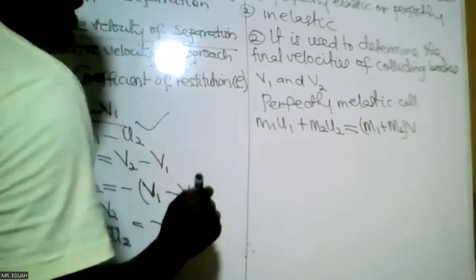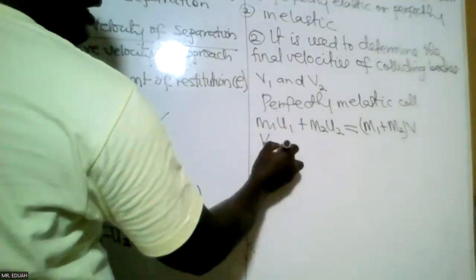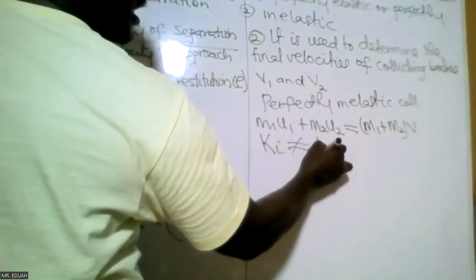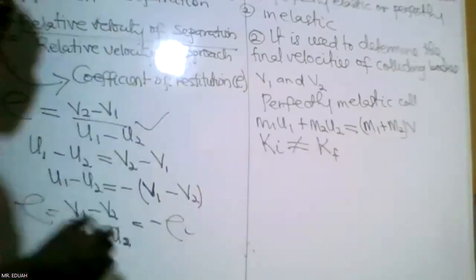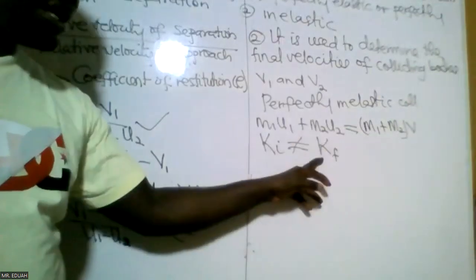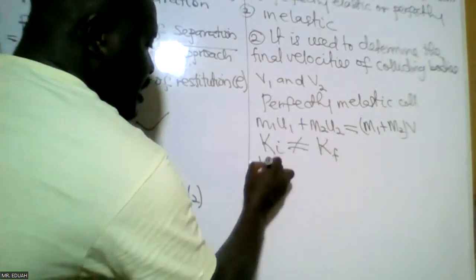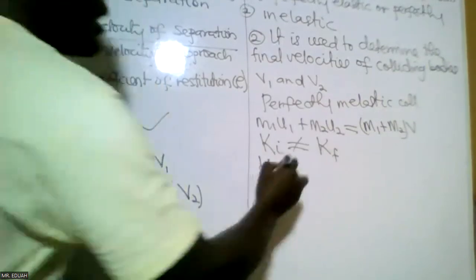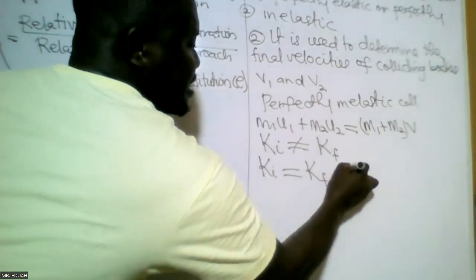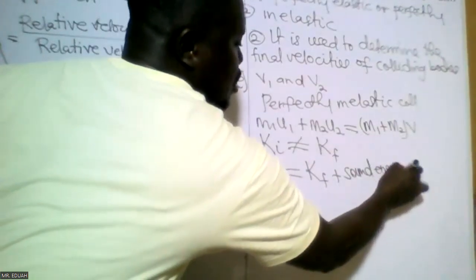Over here, kinetic energy is not conserved. So K initial is not equal to K final. Either the initial is greater than the final, or the final is greater than the initial. Or kinetic energy initial is equal to K final plus sound energy or heat.